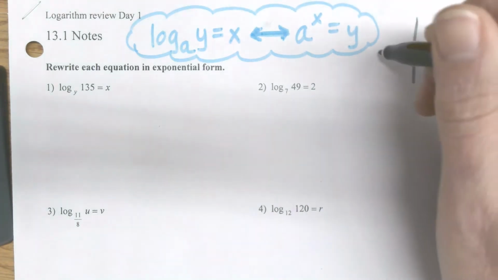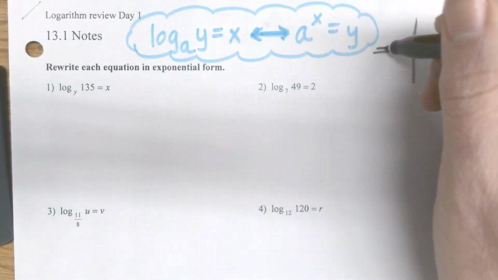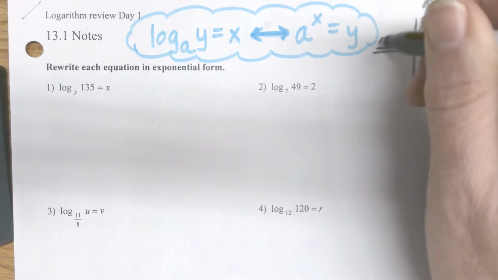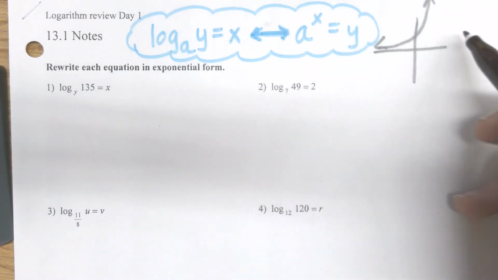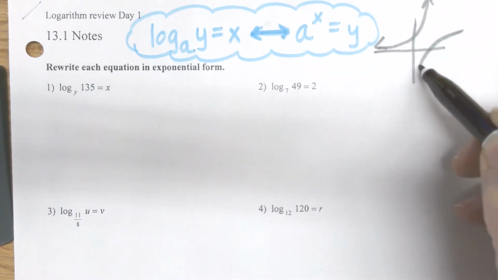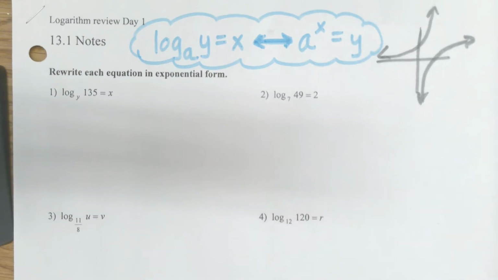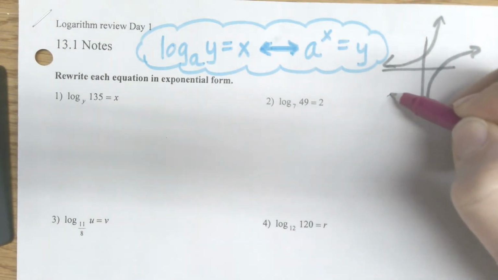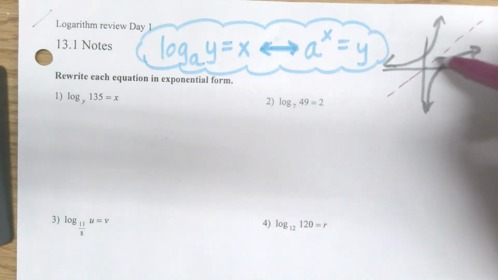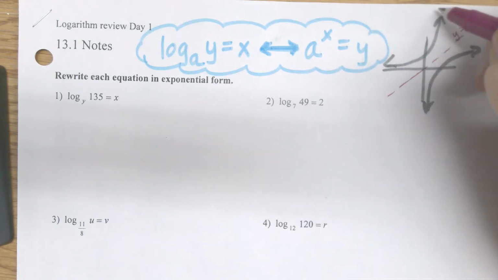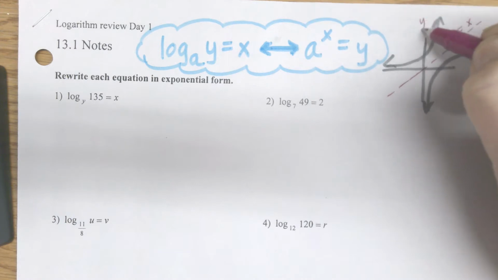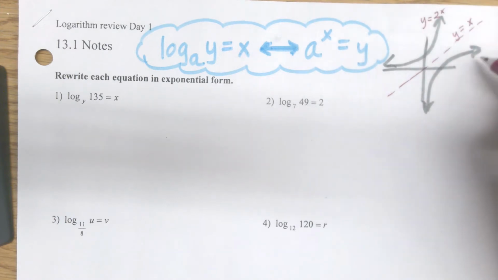If I could sketch the graph of an exponential growth equation, its log is its inverse. And I don't know if you remember back in the day, so long ago, we talked about inverses. Inverse equations reflect over the line y equals x. So let's say this is y equals 2 to the x power.